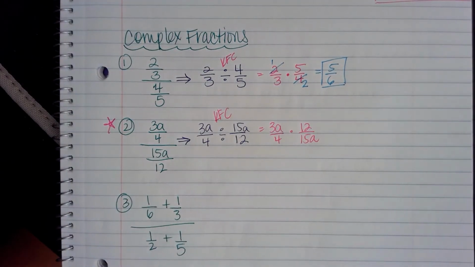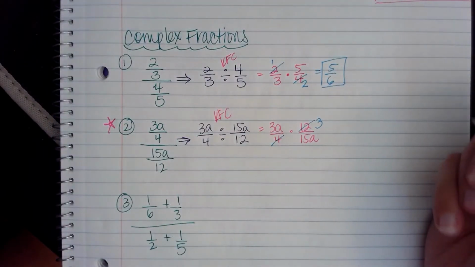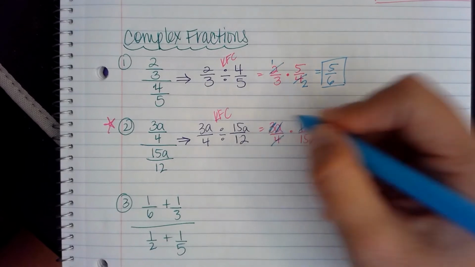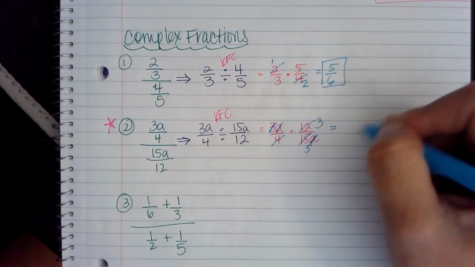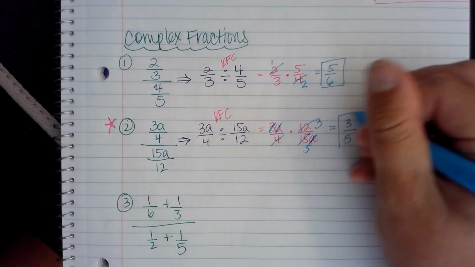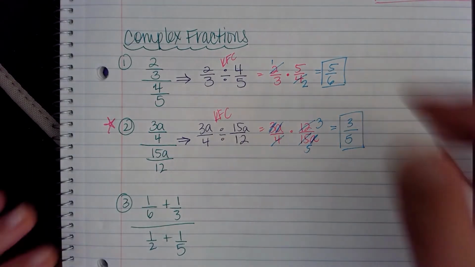And then you can just start reducing. So like 4 goes into 12 3 times. The a's will cancel. 3 goes into 15 5 times. And all that's left is a 3 on top and a 5 on the bottom.